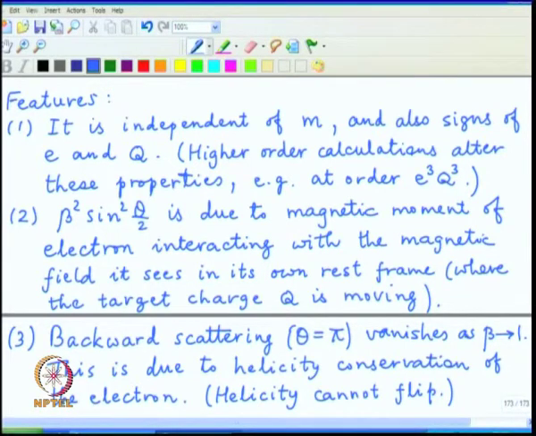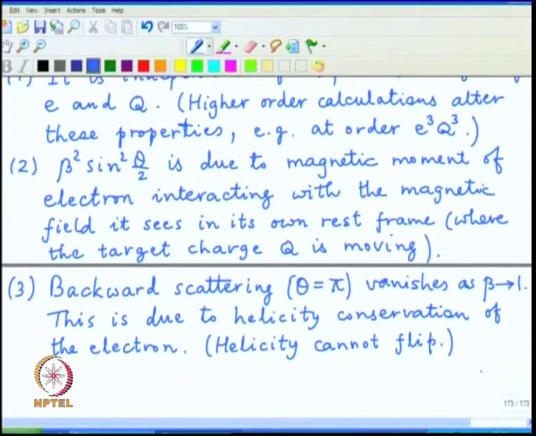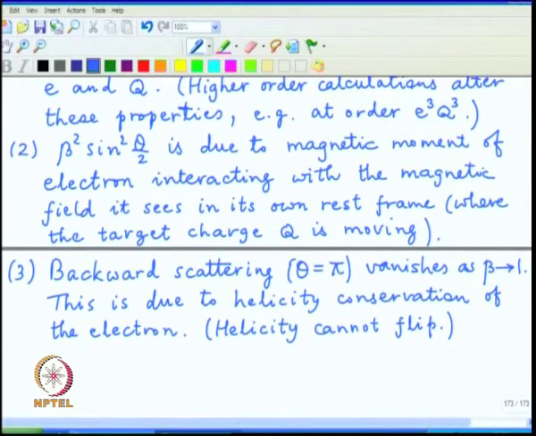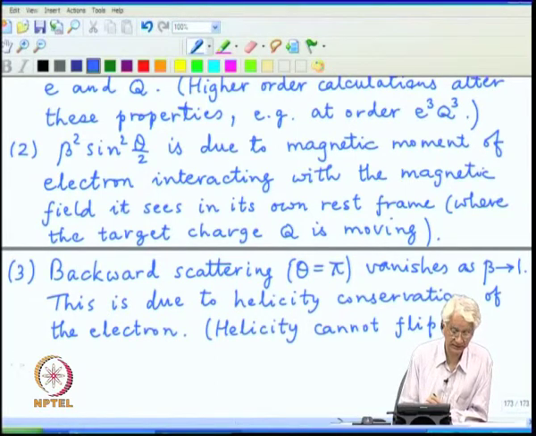So, these are some of the important features, and one more thing I can add is the description of the same process, with just slightly different notation.